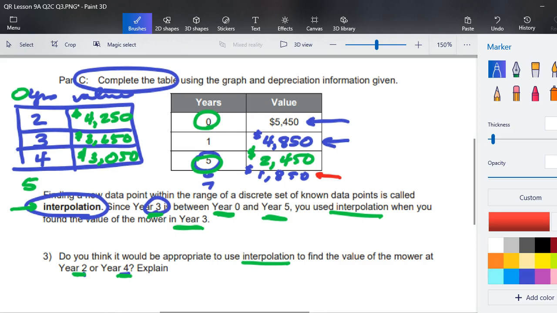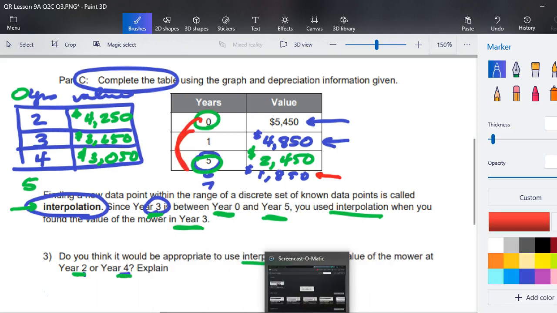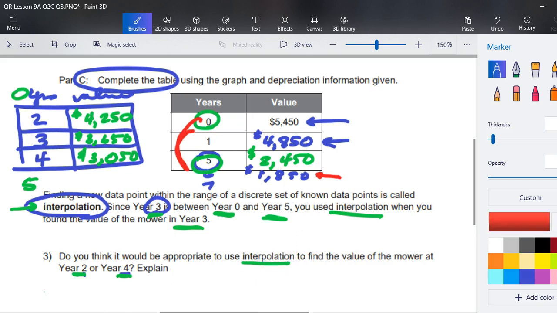Moving on to question 5, it says finding a new data point beyond the original observation interval is called extrapolation. Make sure you're writing that word down also. Since year 6 is beyond the interval that we have here from 0 to 5, we're going to call this one extrapolation.